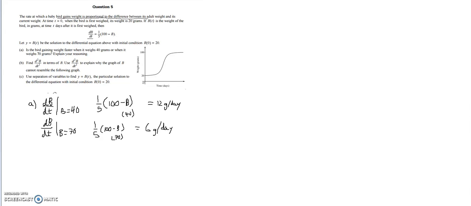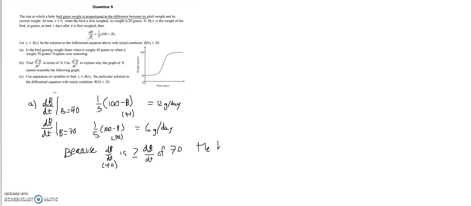So you would say because dB dt of 40 is greater than dB dt of 70, and this will be the 41.